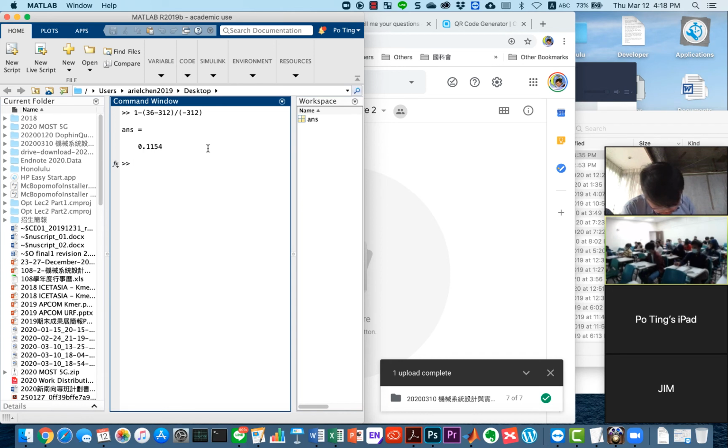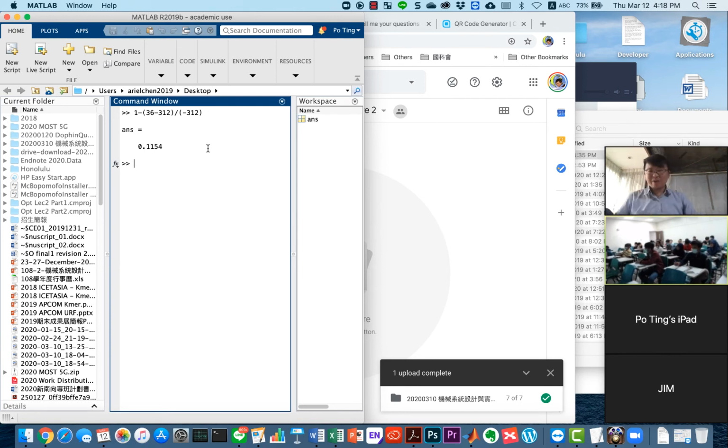Alpha 2 equals to the first one. First one is right here, 0.1154 minus my gradient, 33 minus 312 times 0.1154 over my second order derivative, minus 312.